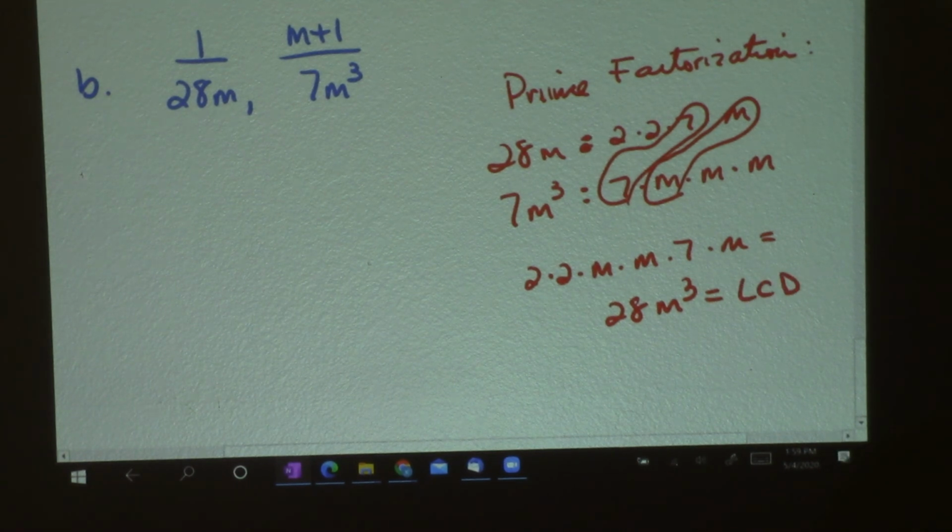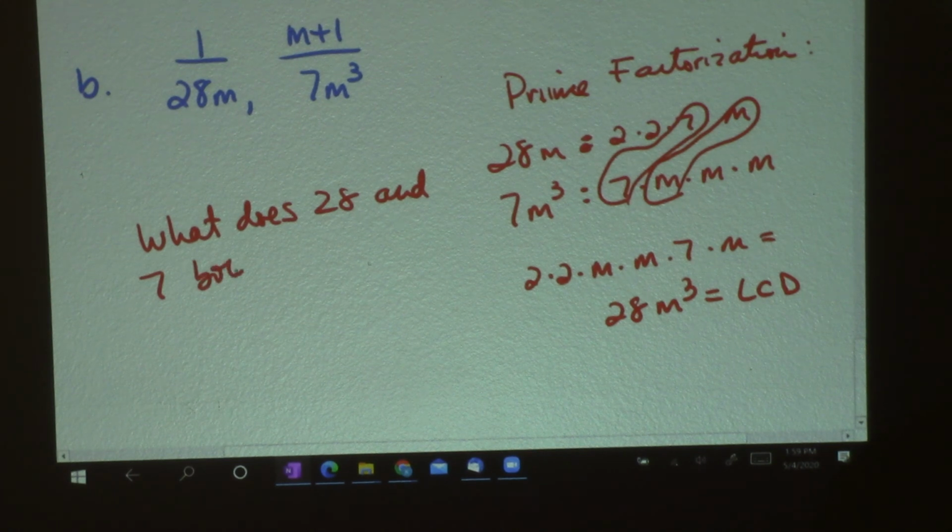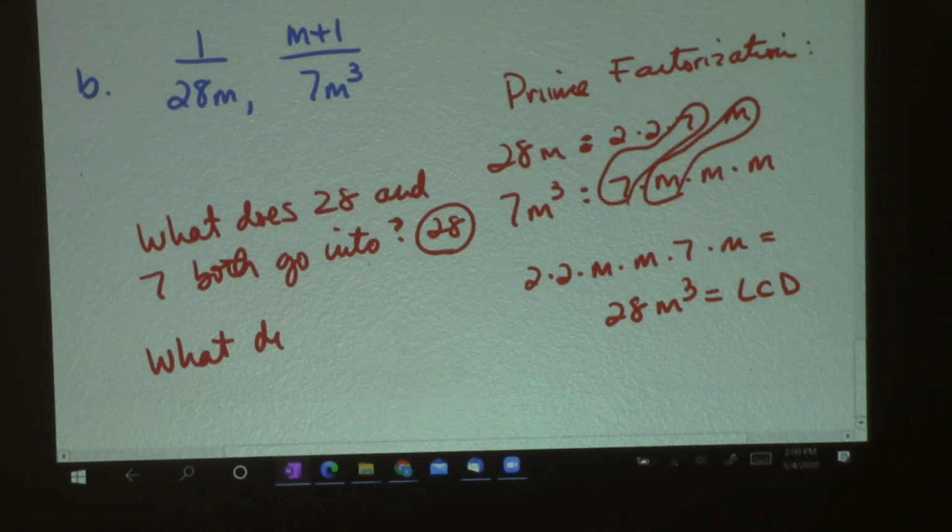Now if we do it the other way, you can say, what do 28 and 7 both go into? Well, 7 goes into 28, so that works. Then what do m and m cubed both go into?